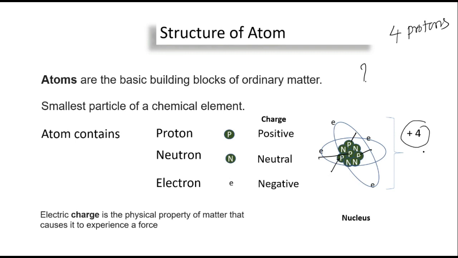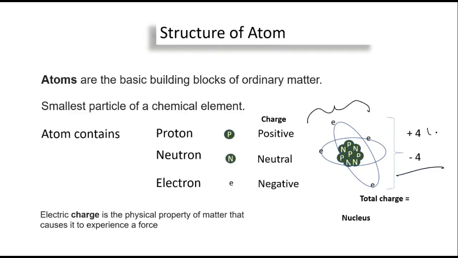Right? And in the same way, how many negative charges has it got? Negative charge means electron. So electrons are 1, 2, 3 and 4. And we have 4 negative charges. Then what is the total charge of this entire atom?